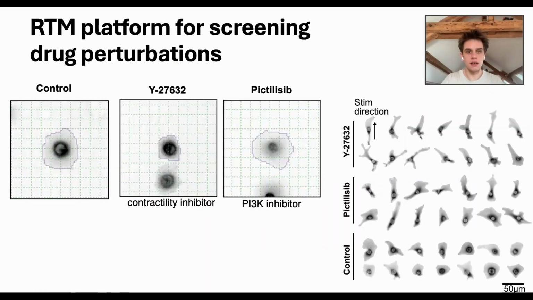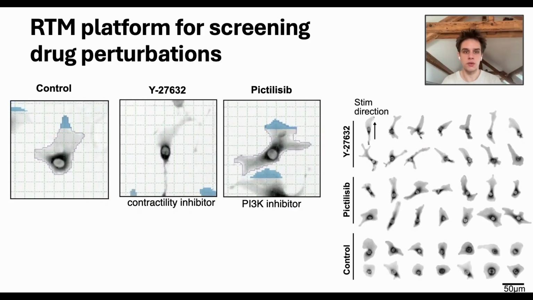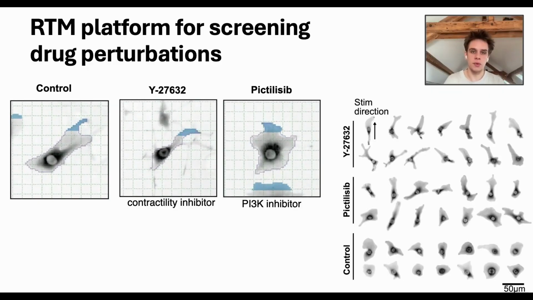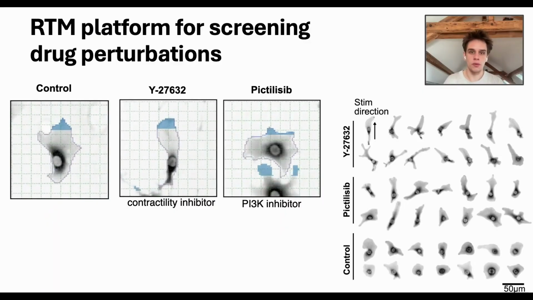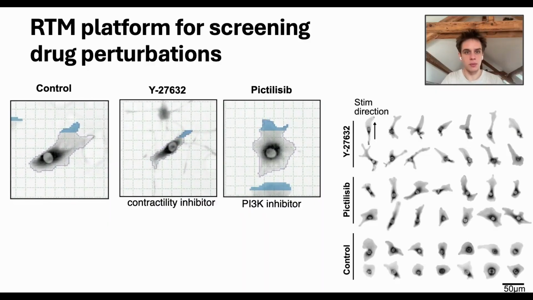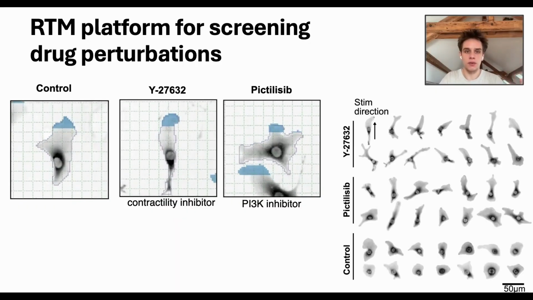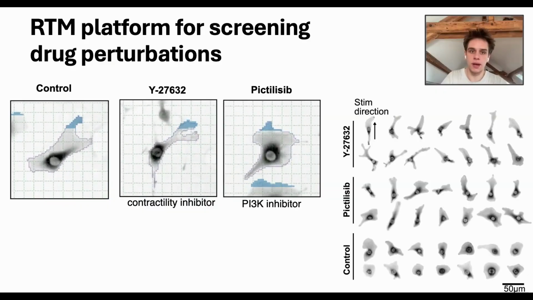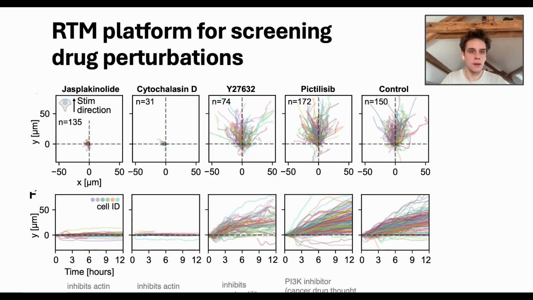What's nice is that we still have subcellular resolution, of course, and we can do these kinds of drug perturbations also. So here you can see an experiment where we just migrate the cell upwards, but with different drugs on top. So a white compound, but also pictilisib here, a PI3K inhibitor. And we can do these large-scale screenings of hundreds of cells with single-cell resolution, while also having the cytoskeletal information by looking at the cells and being able to read out quantitative information like migration speed.